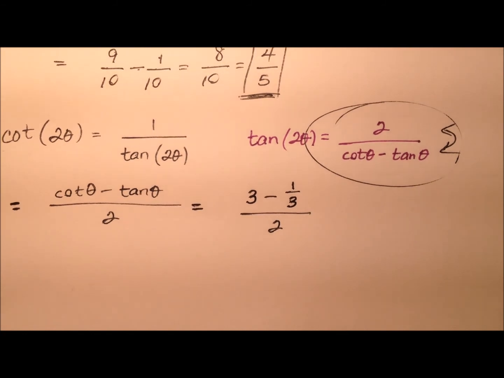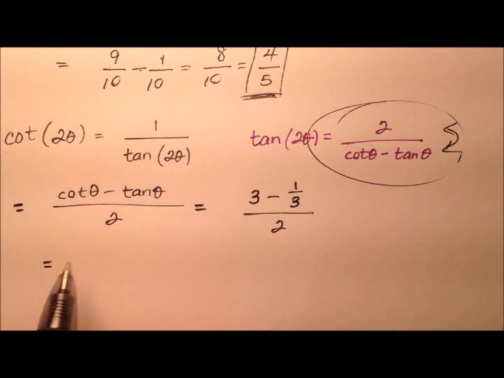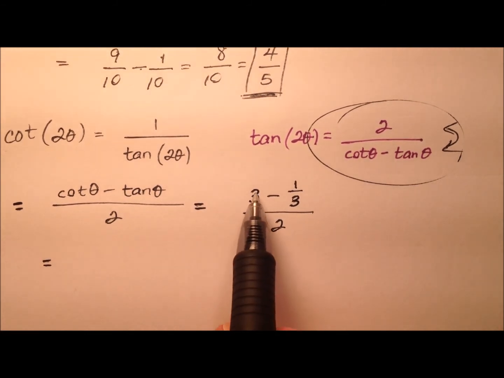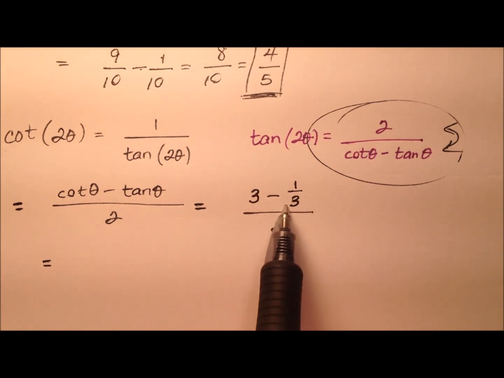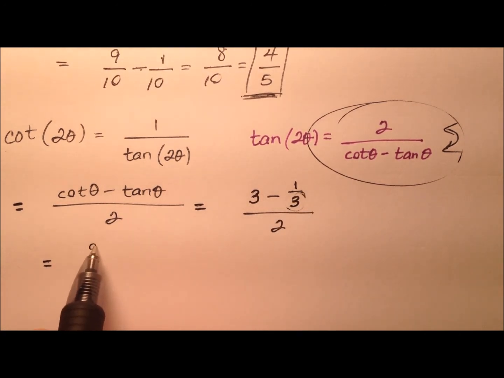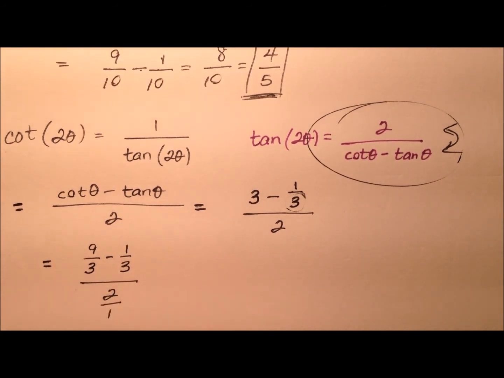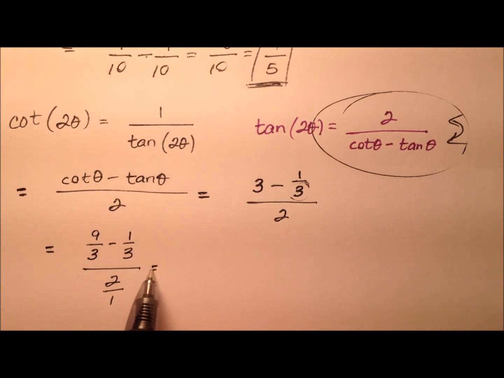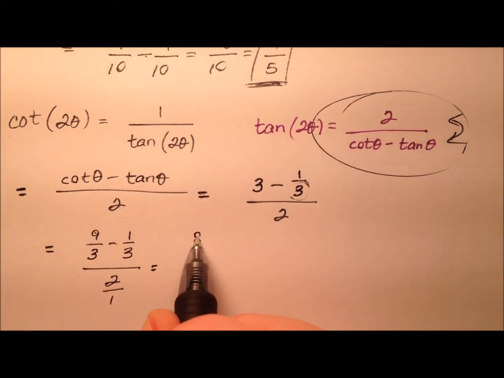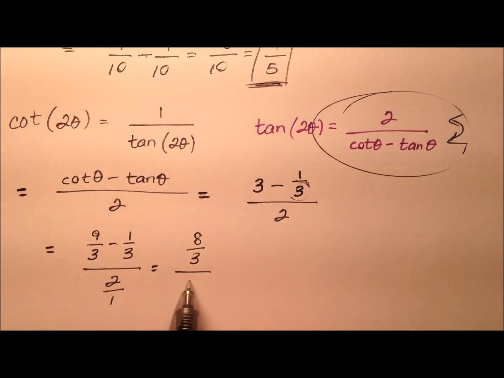So really all we have to do now is just go ahead and simplify this. So 3 could be rewritten with a common denominator here as 9 over 3 minus 1 over 3, and all that is over 2, or 2 over 1. So 9 minus 1 is 8 over 3, with that 2 over 1 in the denominator.